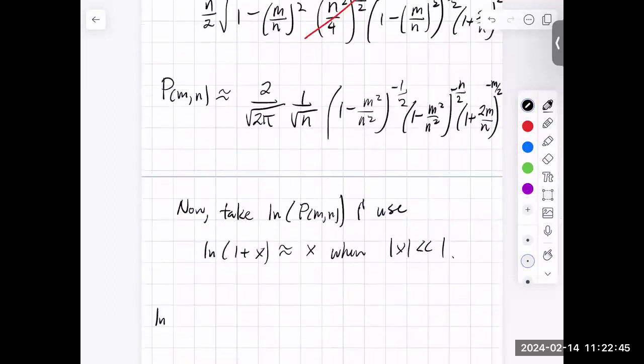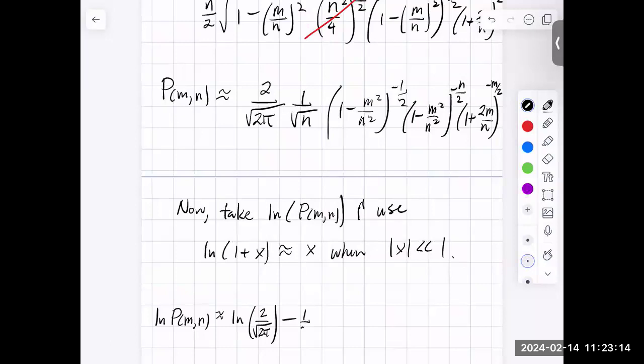So the ln of the probability is approximately the ln of 2 over root 2 pi. Then I get the ln of 1 over the square root of n, or the ln of n to the minus 1/2, which is the same as minus 1/2 ln n.